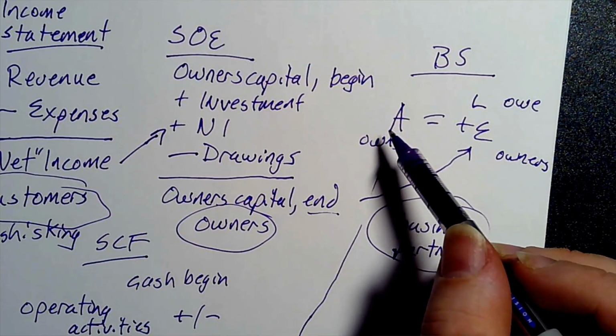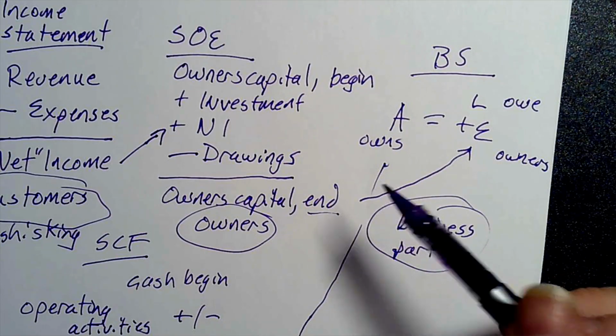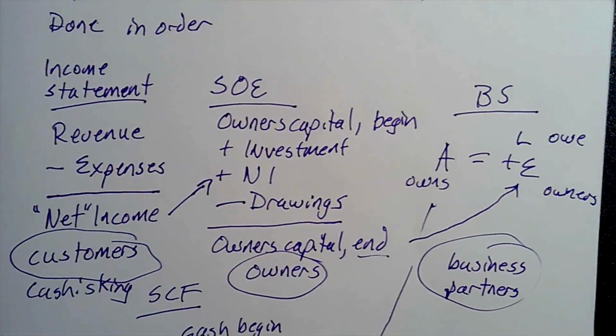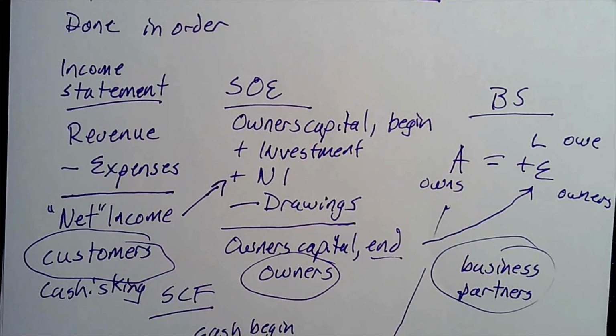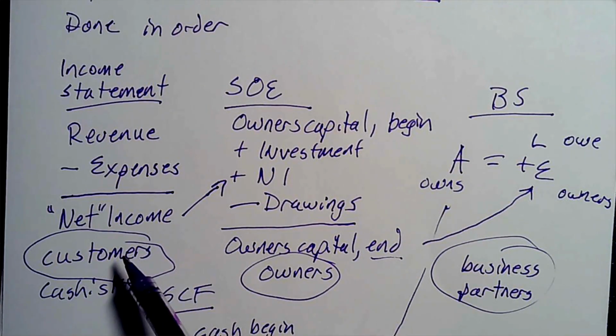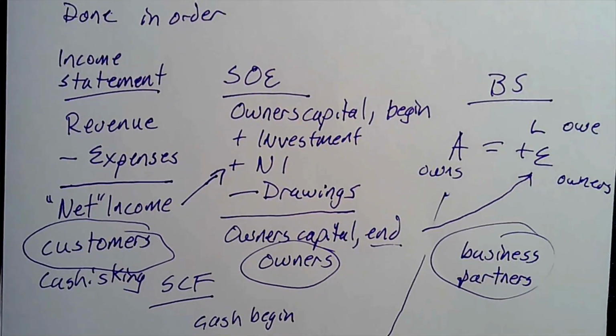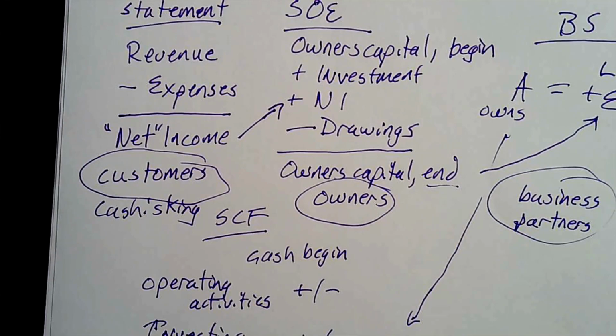Also, all of our assets, if we own land, all those sort of things, and then all the things with our owners. So at a glance, someone who's very knowledgeable about financial statements, if they wanted to know a specific thing, they would know kind of where to go. If they wanted to know about what the business is doing with customers, they go to the income statement. If they want to see how they're situated for the long term, dealing with their business partners, they would go to the balance sheet. And so those are the important things.